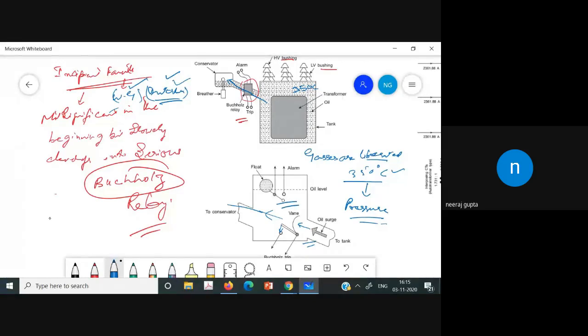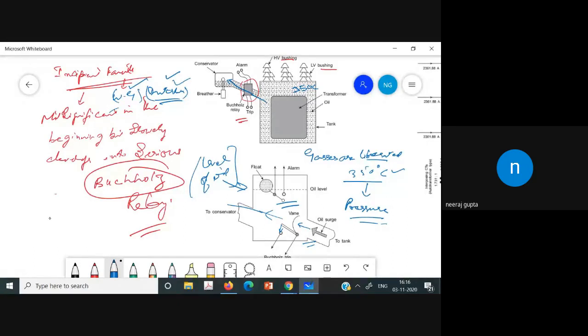However, it has another set of contacts, operated by the float. This is the float, which is used to see the level of the oil in the transformer. These contacts stay open when the transformer tank is filled with oil, because the float is above.